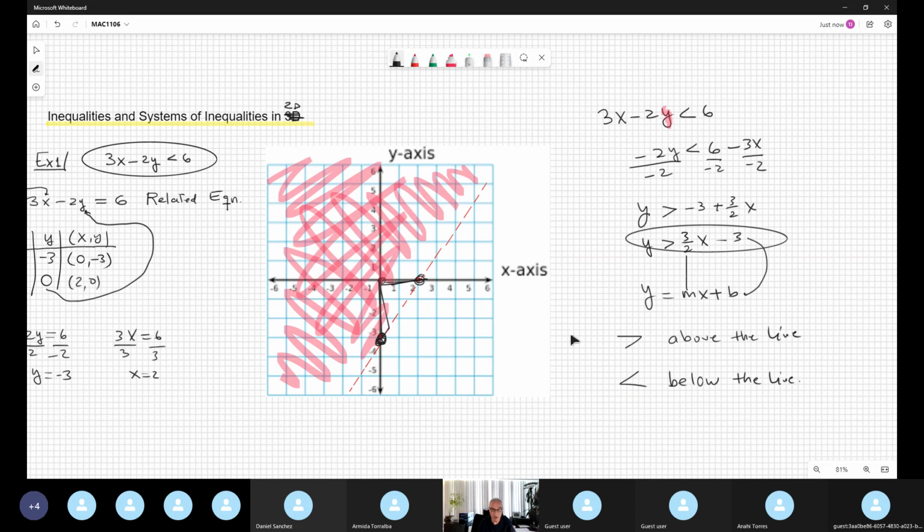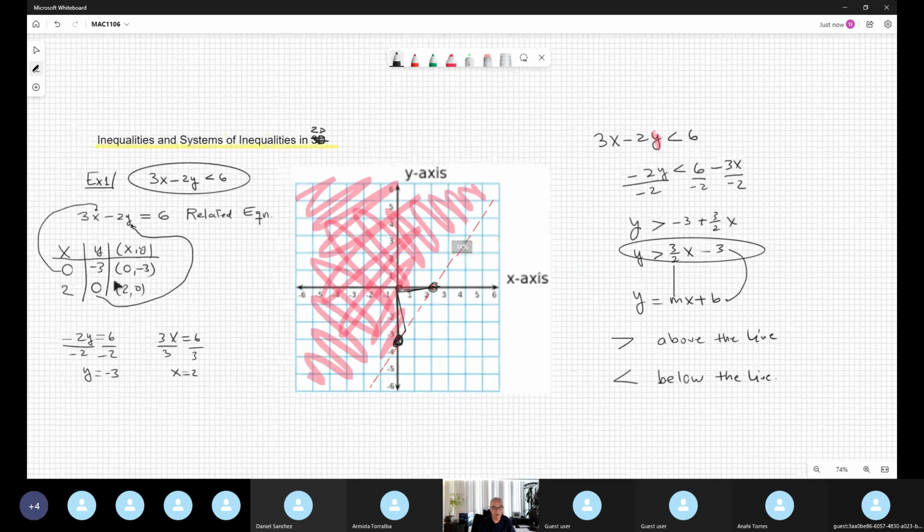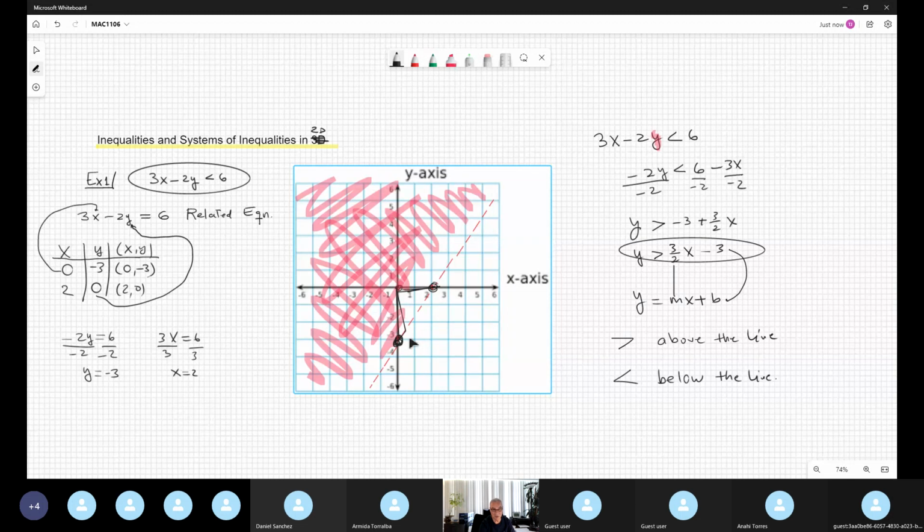Either way, guys, remember you have two possibilities: find the intercepts, plot them, put the line, and use the testing point 0, 0. Why do you need to know both methods? Suppose when you compute the intercept the number is 200, that's completely off the paper. It's no good. Depending on the case, having two possibilities is better than one.